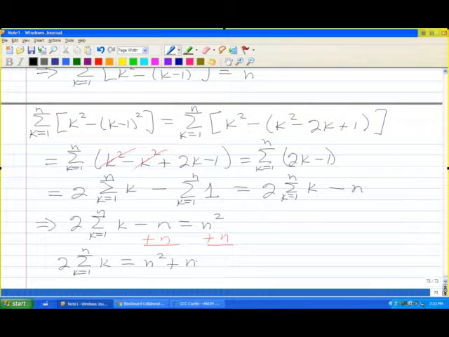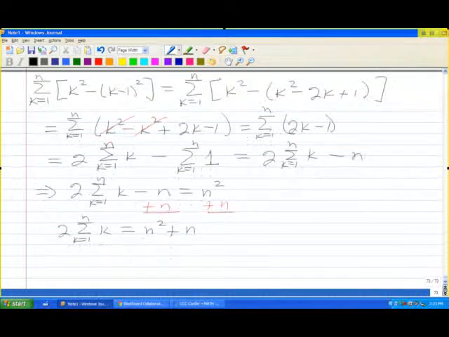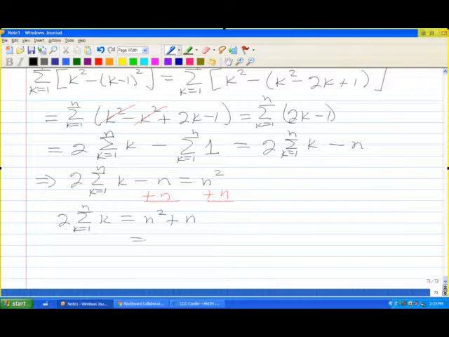Let me factor out an n. And so I get n plus 1. So let's divide both sides of my equation by 2.